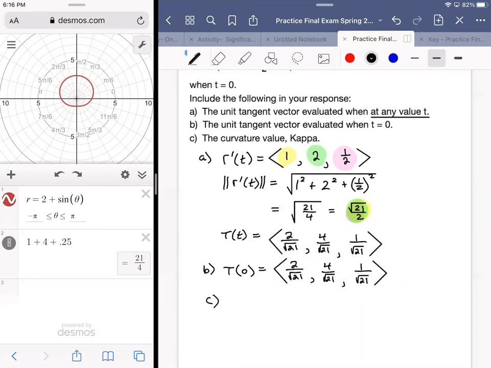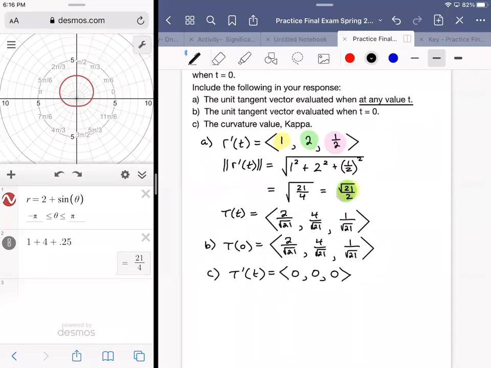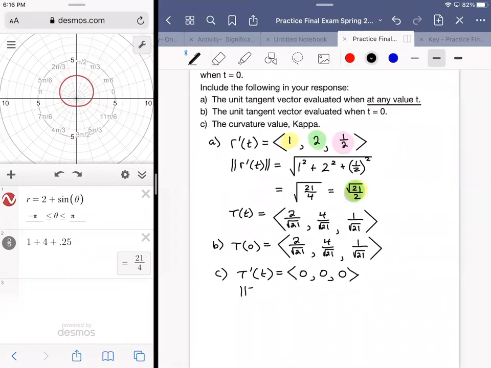So for part C, I would need T prime of t. Fortunately, they're all constants, so that's going to give us the 0 vector. Pretty nice. We need the magnitude of T prime of t. Doesn't get any nicer than that. The magnitude of the 0 vector is 0.